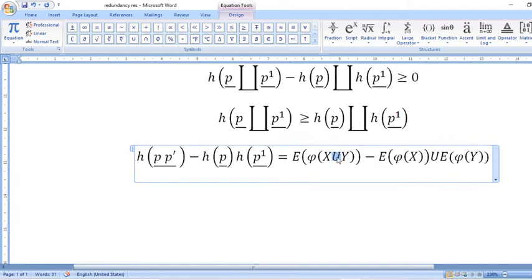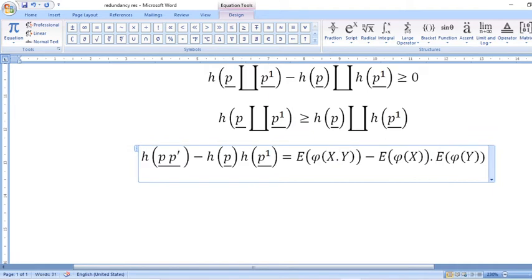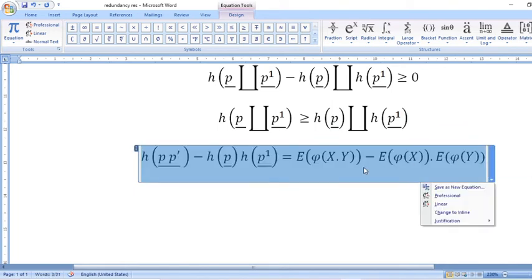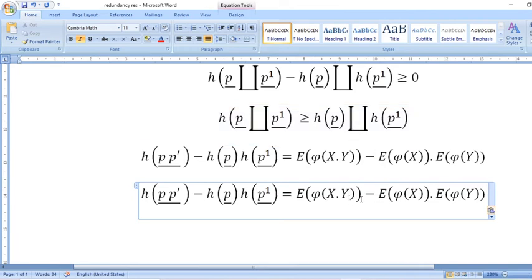This is equal to, okay, this is the expression for h of p dash minus h of p into h of p dash, that is equal to expectation of phi of x into y minus expectation of phi of x into expectation of phi of y. Okay, now we can simplify. We can take expectation outside. So what will be the result?